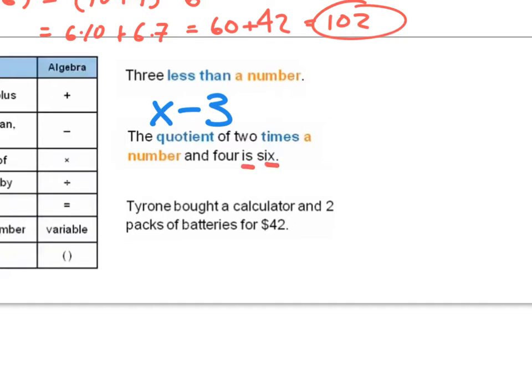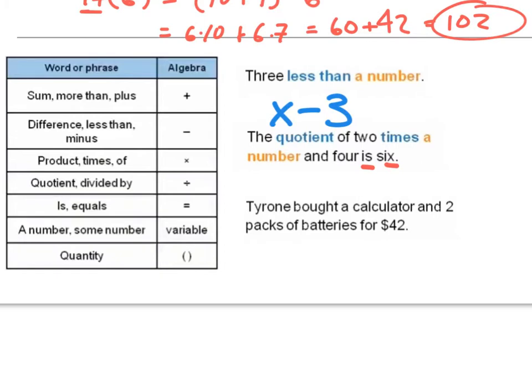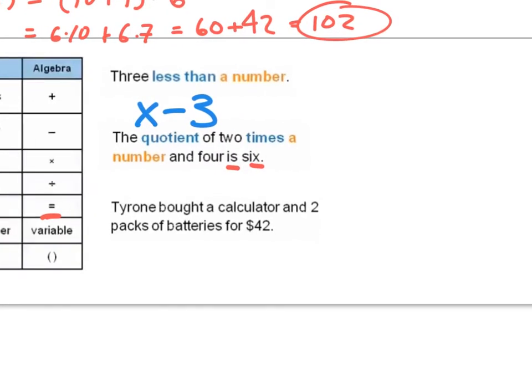Well, it says is 6. Is another word for equals. So I got something that's going to equal 6. Quotient means divide. The quotient of 2 times a number and 4.